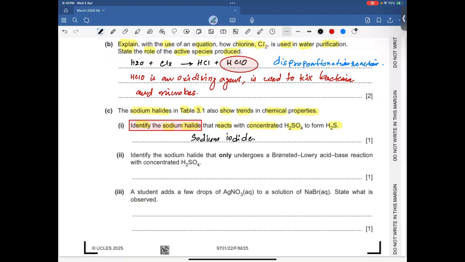Identify the sodium halide that only undergoes a Brønsted-Lowry acid-base reaction with concentrated H2SO4. That's sodium chloride, because concentrated sulfuric acid cannot oxidize chloride into chlorine. It will turn into misty fumes of HCl, if you remember.